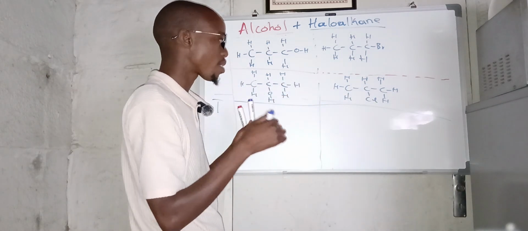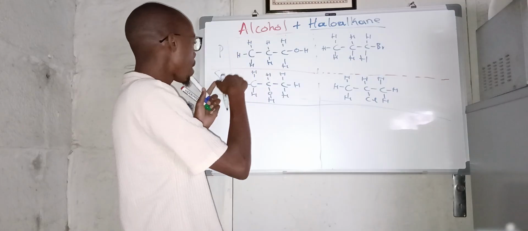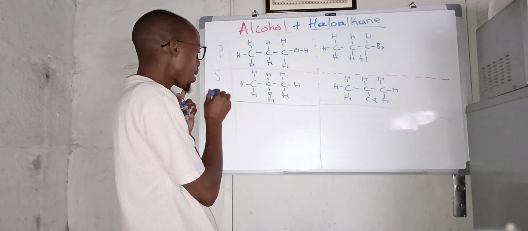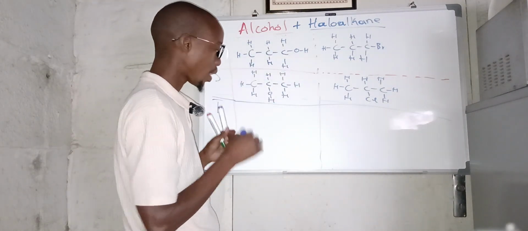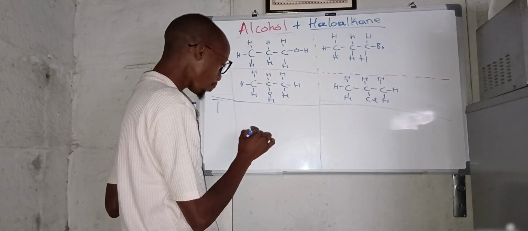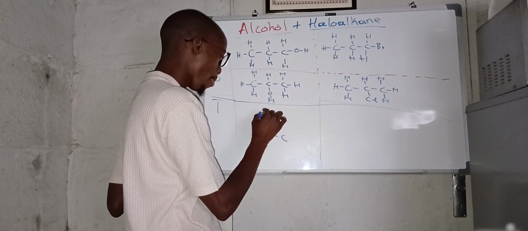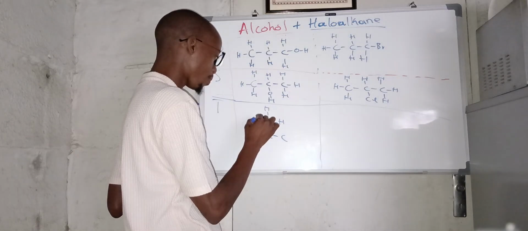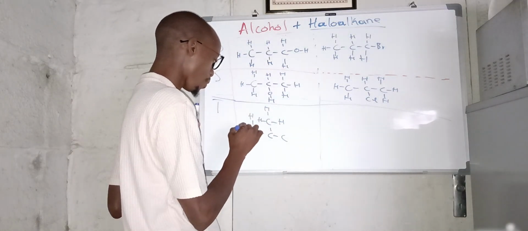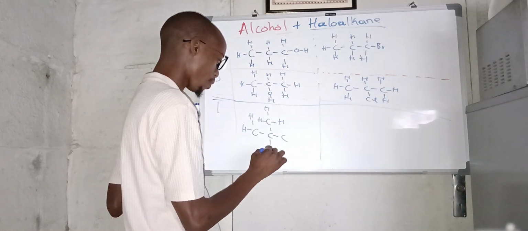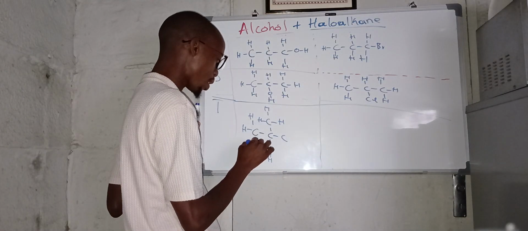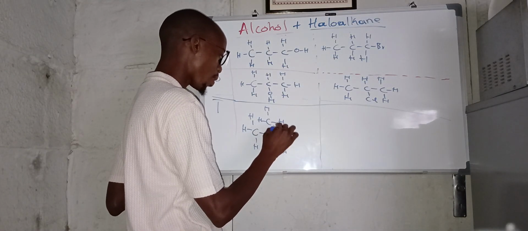That basically gives us what? Secondary alcohol and secondary haloalkane. Let's look at tertiary. I think for now you should be getting the whole idea of what is happening.